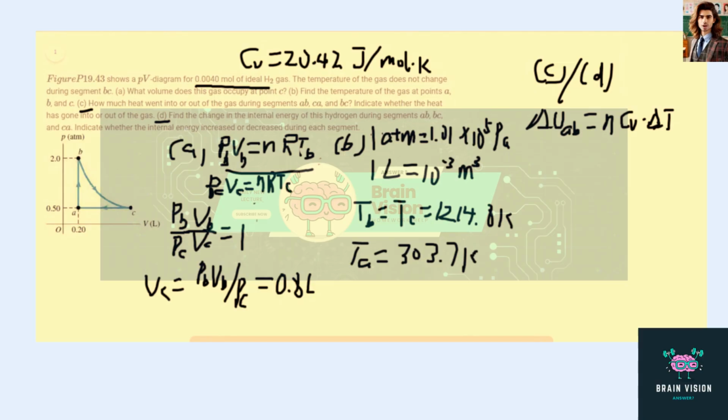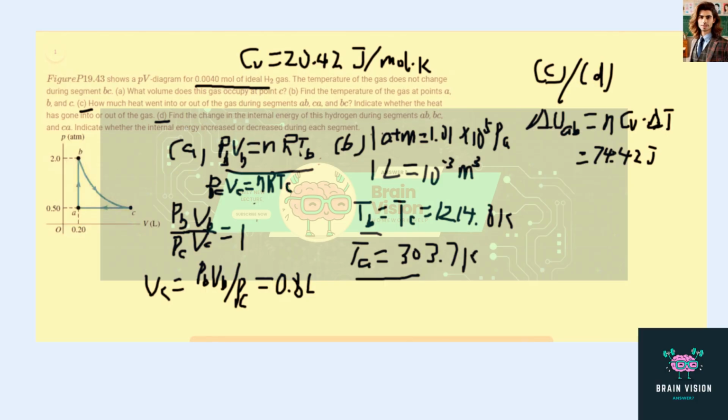And delta T, because we're looking at the process AB, is TB minus TA. So we have TA and TB, just plug in the numbers, and the final result for delta UAB which I found is 74.42 joules. All right. In process AB, as you can see, the volume does not change, which means the work is 0.